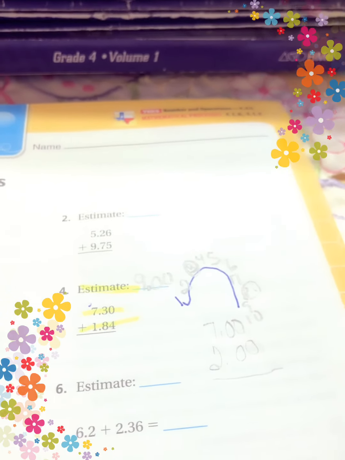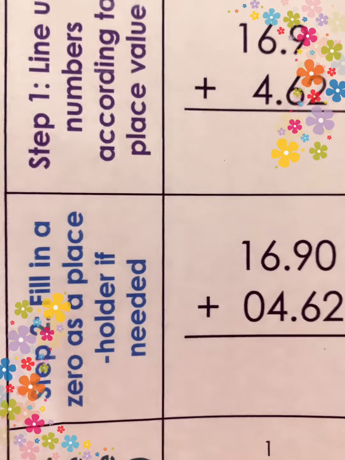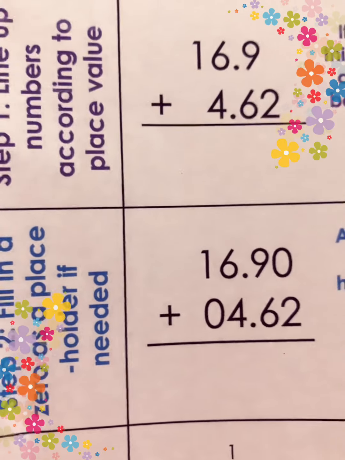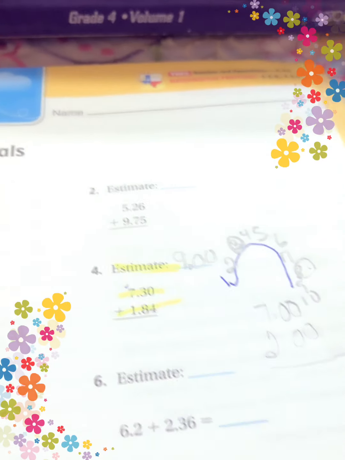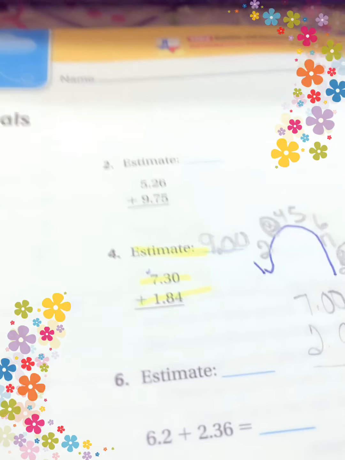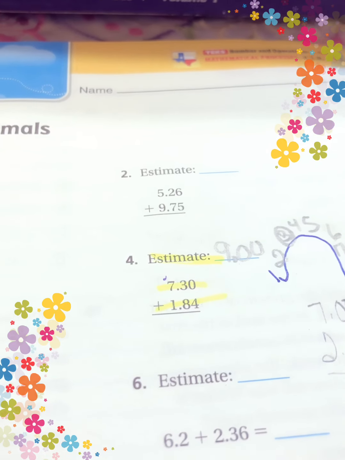So I'm not going to do anything. Step 2: fill in a 0 as a placeholder if needed. I don't need a placeholder because it looks like they put one for me there at the 7.30.